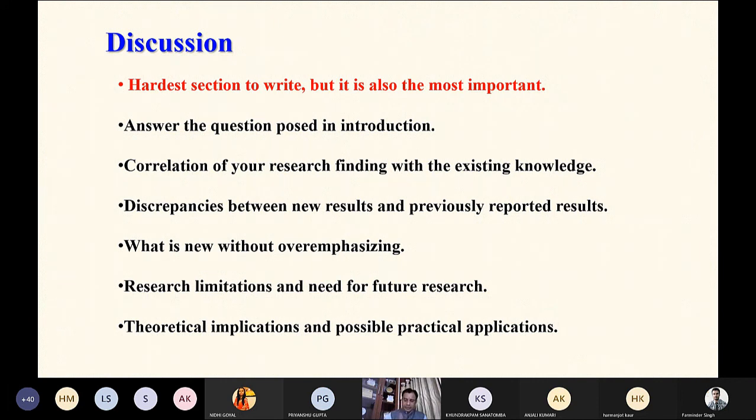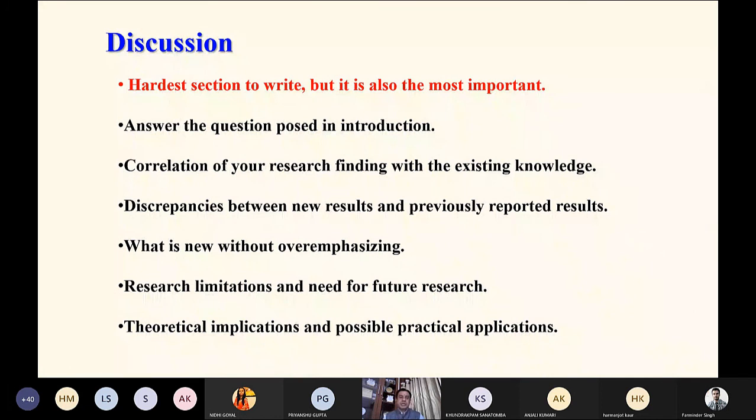So what do we have to include in this discussion part? Before the discussion part, it was the findings, the results. In the results, the interpretations are written by indicating facts and figures.